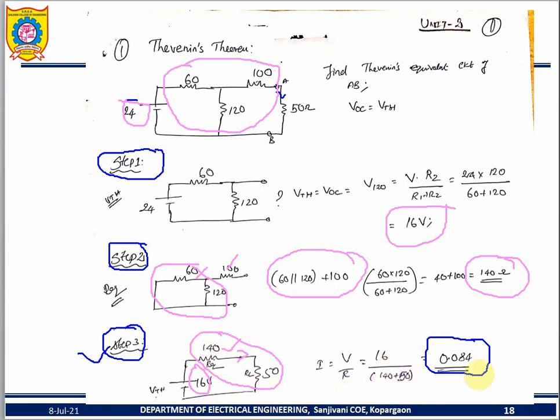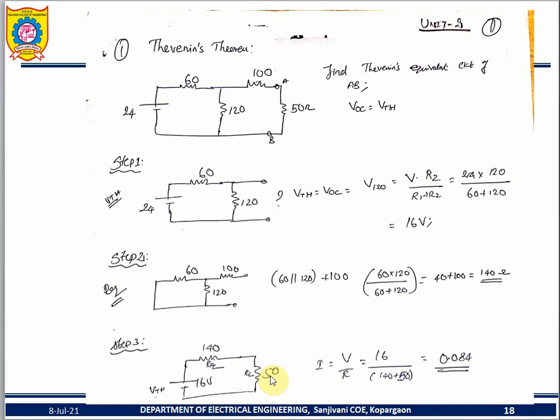Then simplify and I get the load current. So this is Thevenin's theorem in 3 steps: step number 1, substitute 16 volt; step number 2, substitute 140 ohm resistance value; then the load resistance similarly. I will draw it.